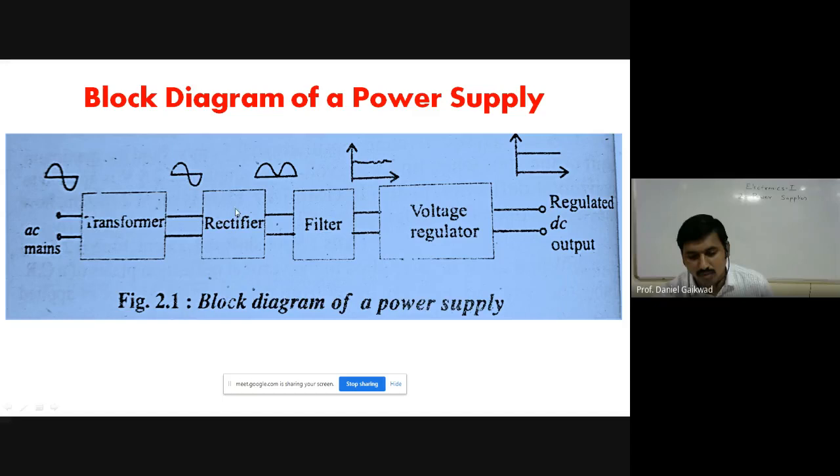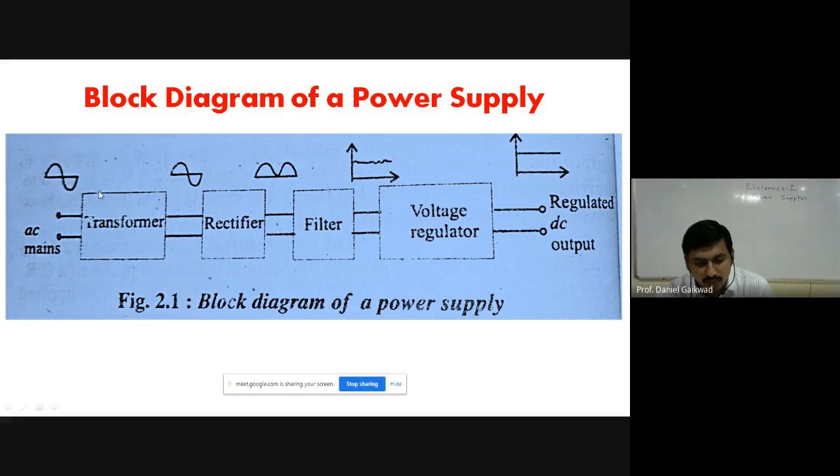Then we have the second block called rectifier. This part we are going to discuss in detail in this chapter. Rectifier is the process of converting AC into DC voltage. So AC is converted into DC. Check carefully, we have the symbol for AC. Here we have the 230 volt AC signal.